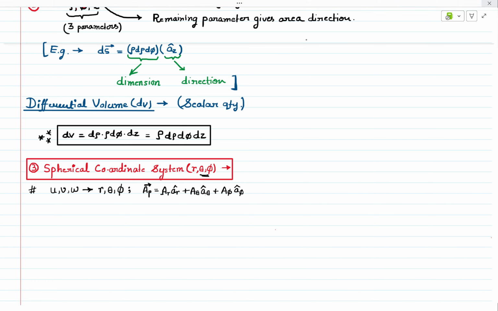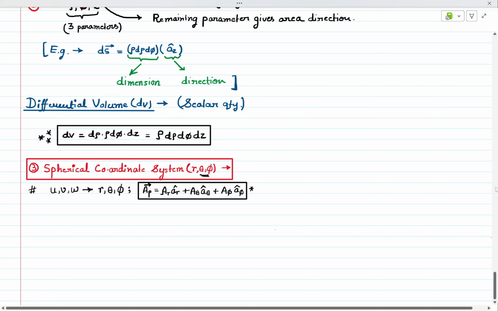So this is the positional vector, and importantly, it is a positional vector in the spherical coordinate system.